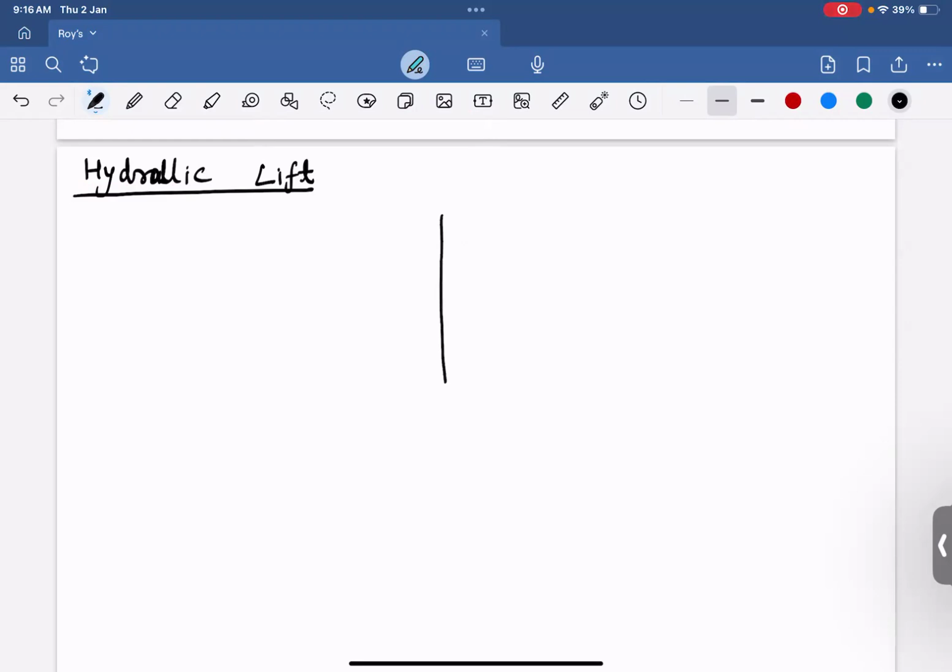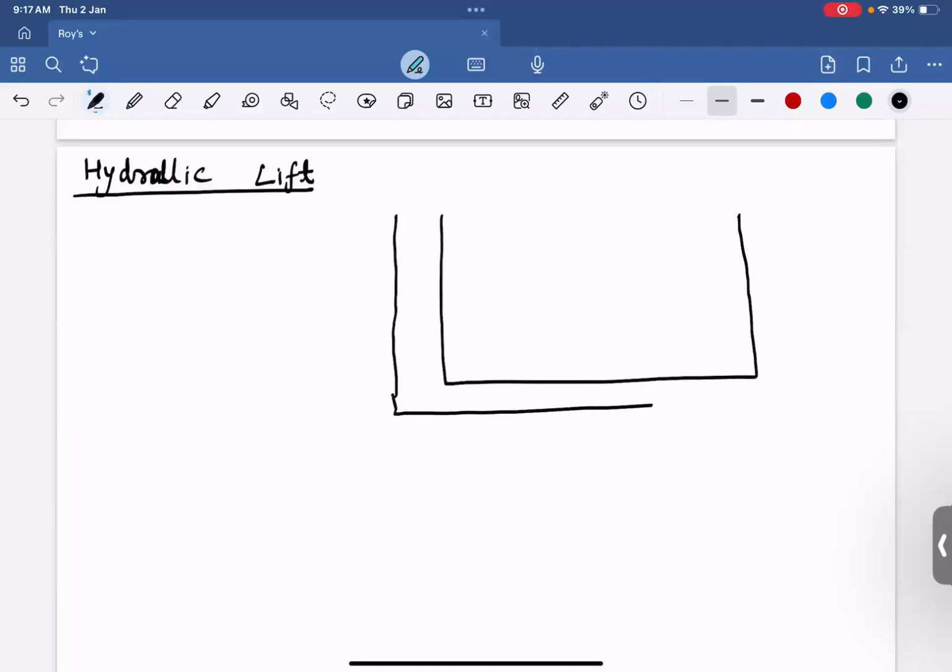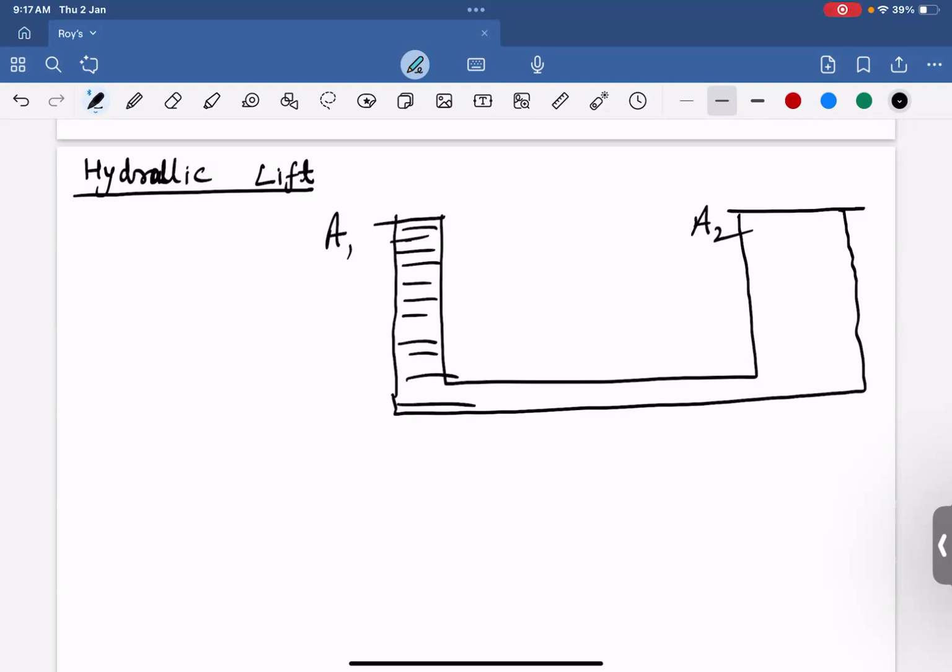It is used in car garages. When you go to a car garage, they lift the car, a very heavy car, very easily with this concept, this principle, Pascal's law. They have two platforms here with different areas of cross section. Its area is small, its area is big, and it has been filled with water.